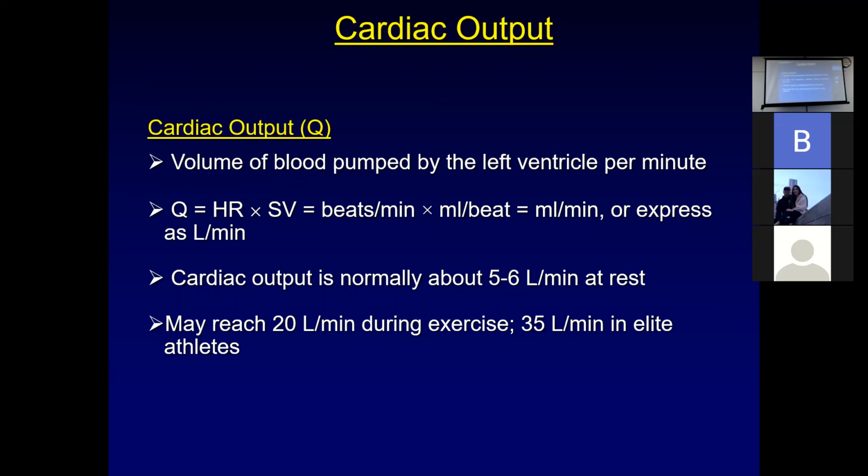In an average person, cardiac output is about 5 to 6 liters of blood per minute. Again, that's going to vary a little bit. If you're a smaller person, you have a smaller blood volume. If you're a very large person or a very highly trained person, you have a little bit larger blood volume.